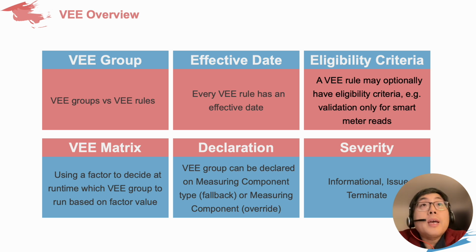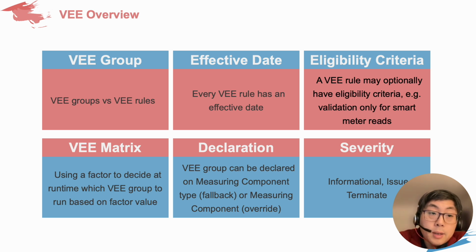Next, we look at the VEE matrix. Basically, the VEE matrix decides which VEE group will run based on the factor value. This is another great feature for branching the VEE decisions.